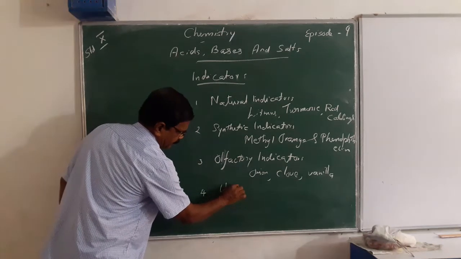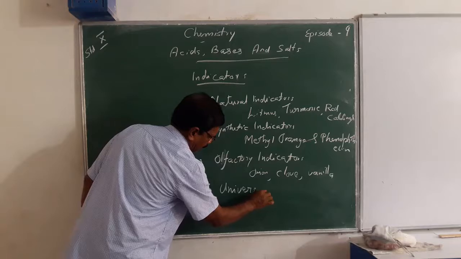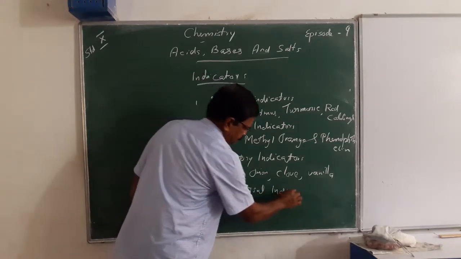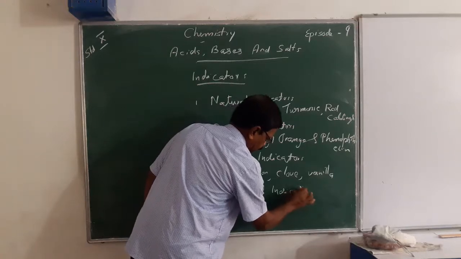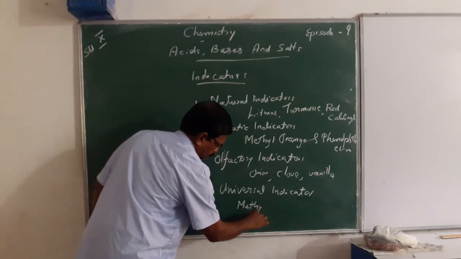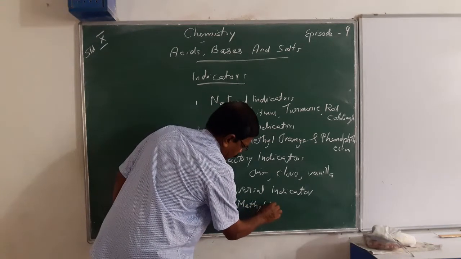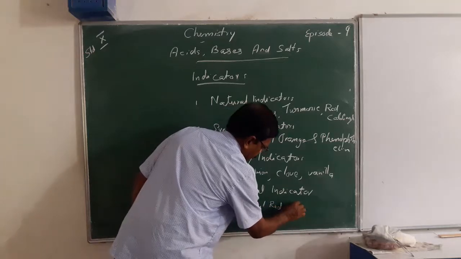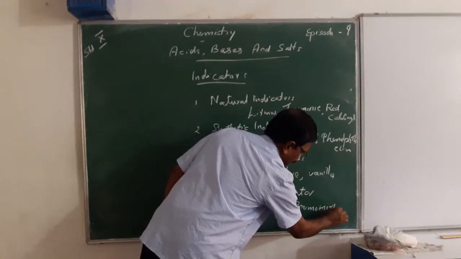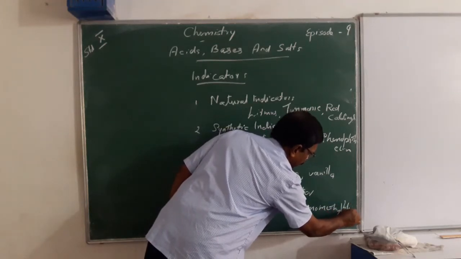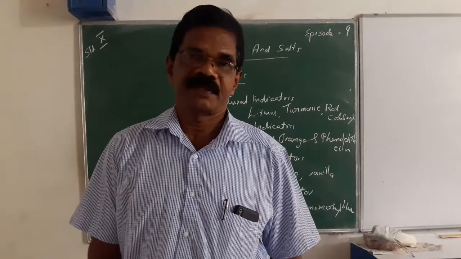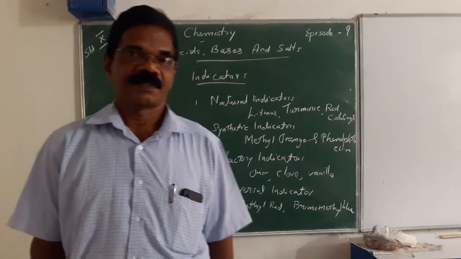And the fourth type is the universal indicator. This is the most important type. It is a pH indicator.